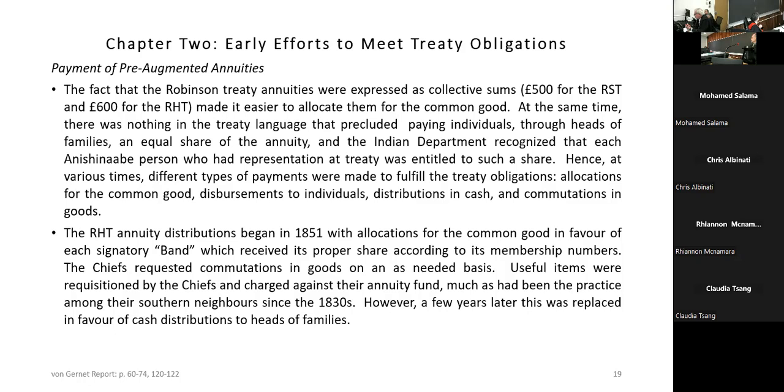The correspondence is a little unclear, but the impression that Robinson gave to Bruce was that he had treated this as all the previous treaties, and this had been explained to them at the time of treaty. And Bruce took that to mean that the deal was not that the proceeds would be distributed according to the sizes of the tracts that each First Nation ceded.